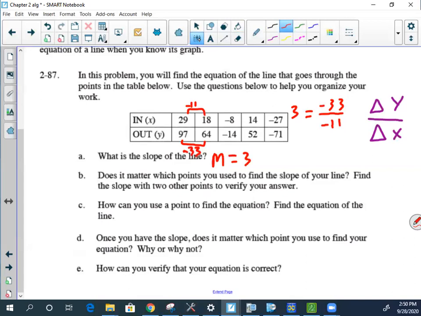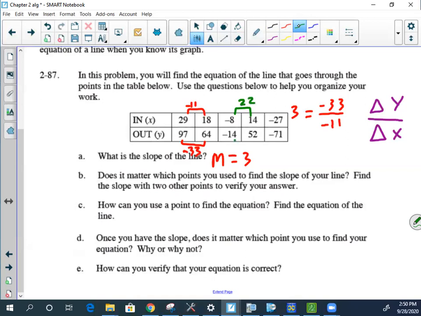Question B is asking, does it matter what points we choose to find the slope? So we're going to find 2 other points to verify this answer. From negative 8 to 14, that goes up by 22.